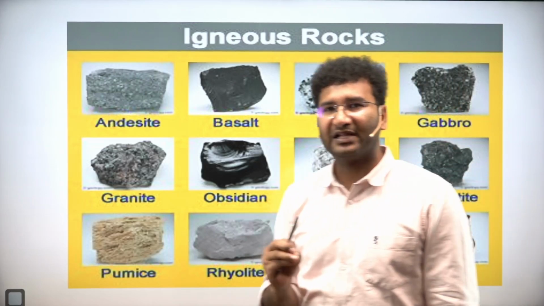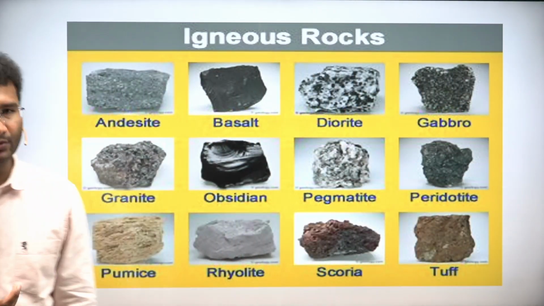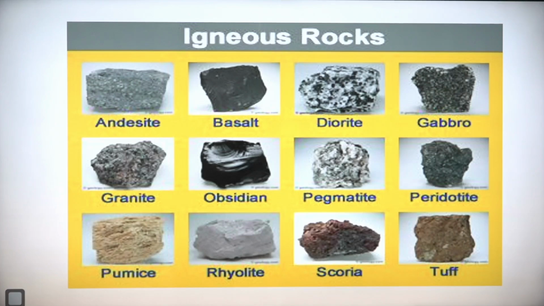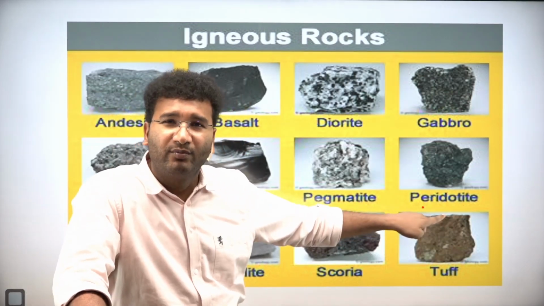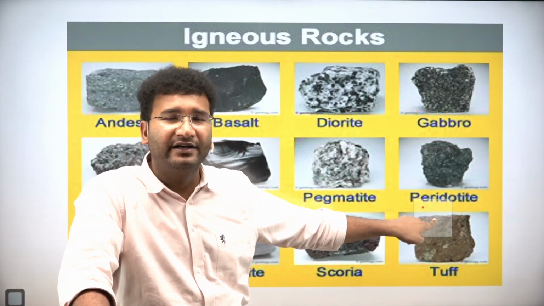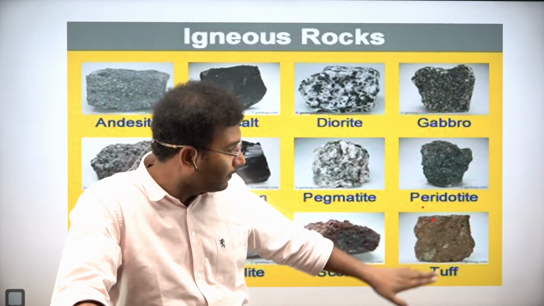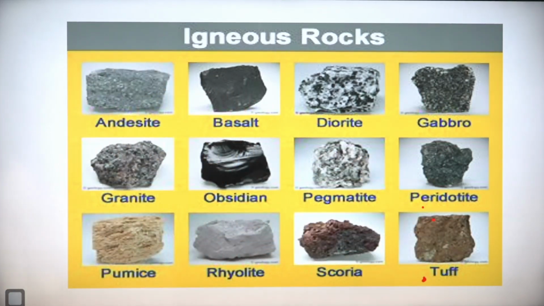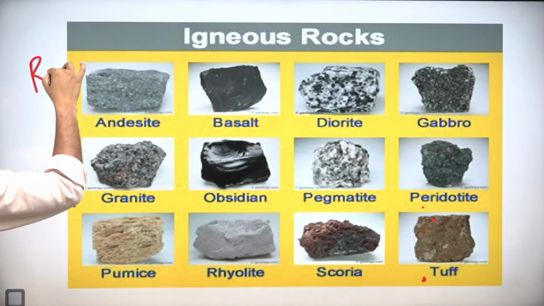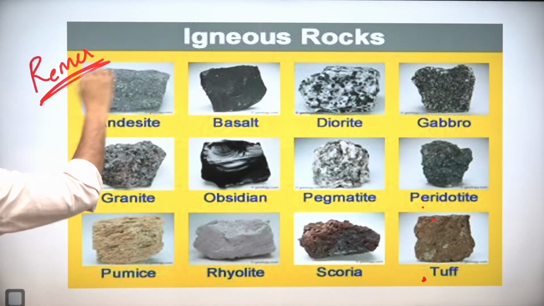So let me quickly read so that at least you will remember: andesite, basalt, diorite, gabbro, granite, obsidian, pegmatite, pumice, rhyolite, scoria, and peridotite. It is one of the rarest rocks, which you will not find in India that easily. Okay? And the last is tuff. So these almost 12 names you need to remember. Please remember these 12 names.